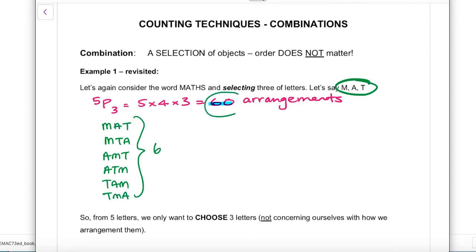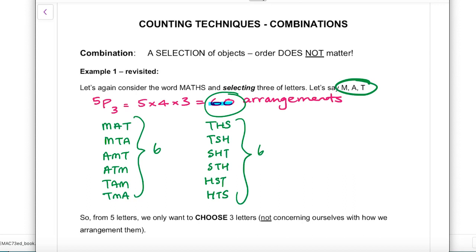This number 60 is also considering choosing another 3 letters. What happens if we chose T, H and S, or T, S and H, and then arrange it as S, H and T, or S, T, H, or H, S, T, or H, T, S. So again, another 6 arrangements.